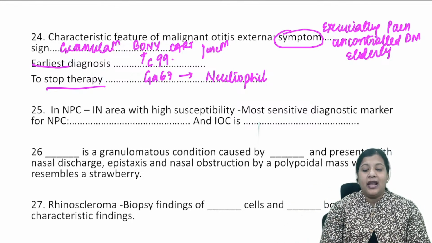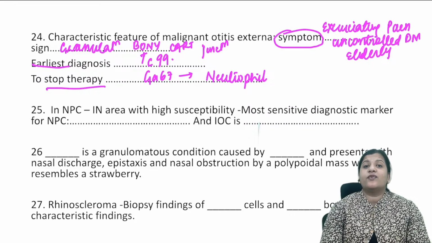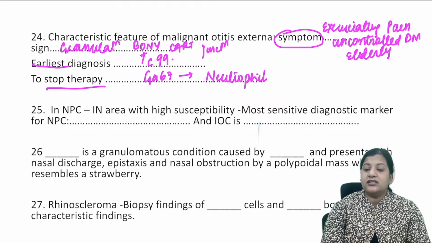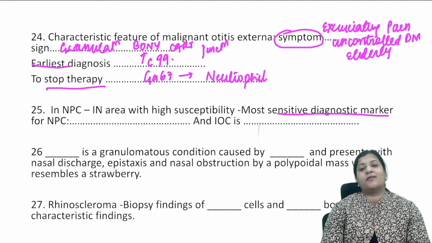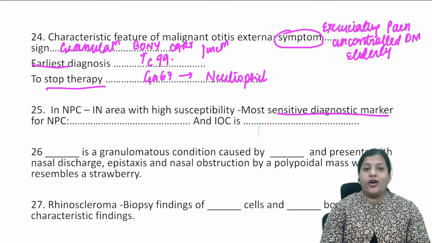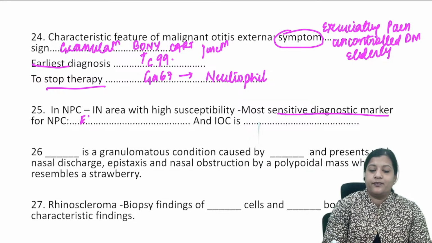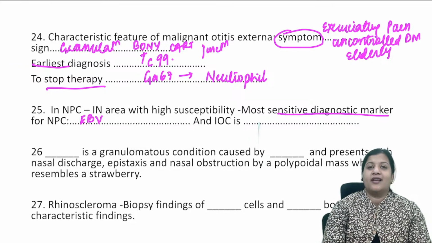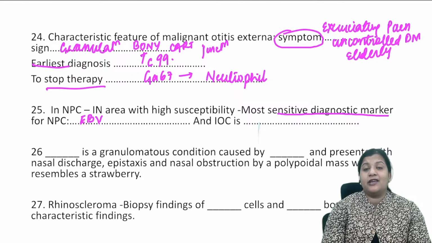In NPC, in areas with high susceptibility, what is the most sensitive diagnostic marker? In those areas where there is a higher probability, like the Chinese, Mongoloid population, what will you do? Will you identify antibodies against EBV?